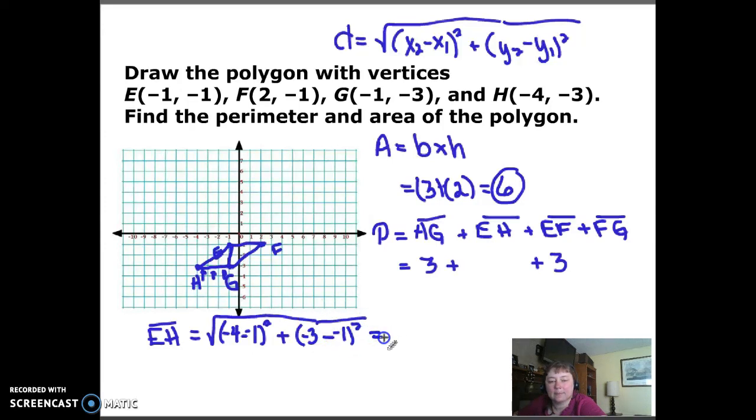Negative 4 minus a negative 1, that will give us negative 4 plus 1, or negative 3. So that would be negative 3 squared. Negative 3 minus a negative 1, that's the same as negative 3 plus 1, so that would be negative 2 squared.